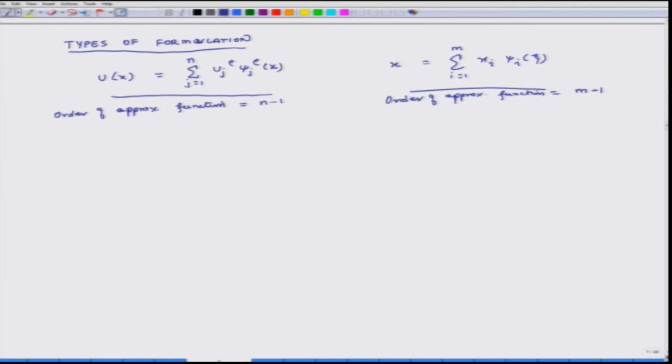If m is equal to 2, then it will be a linear transformation. If m is equal to 3, it will be a quadratic transformation.